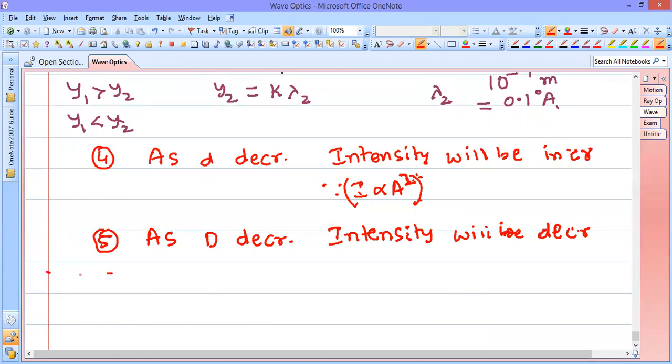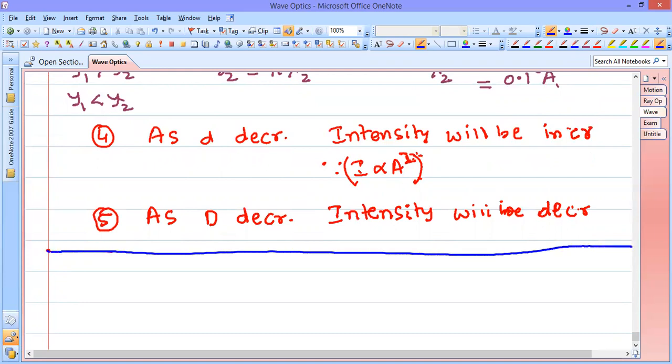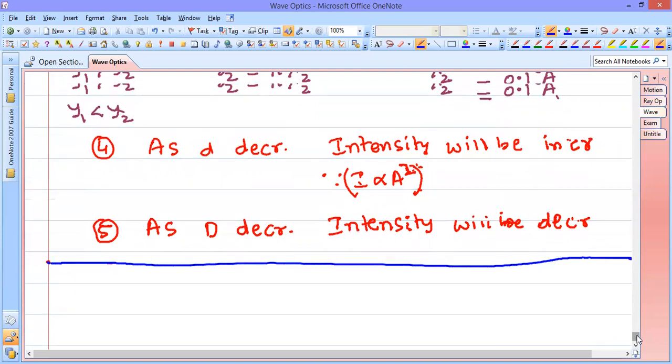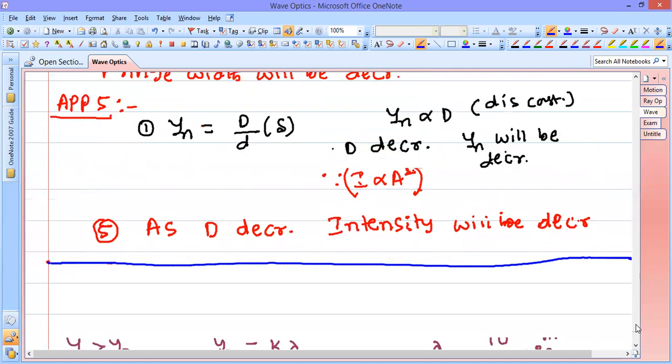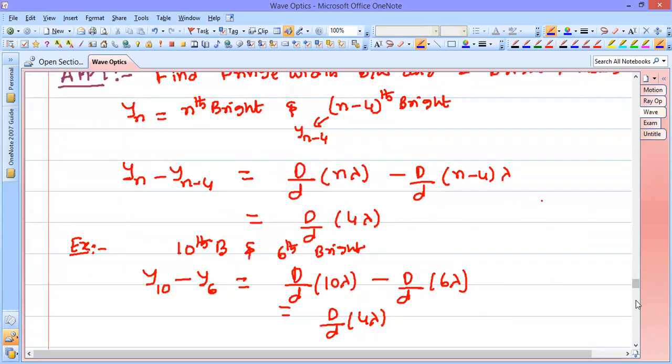Next one, we are having interference in thin films. These are the applications in YDSE up to here. Okay, you can see here, these are the applications.